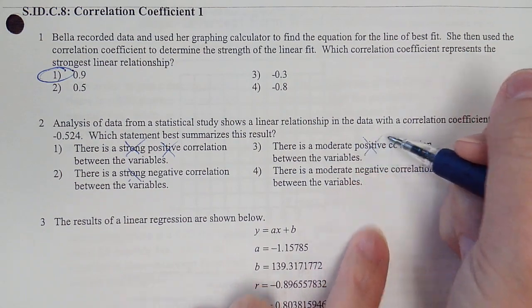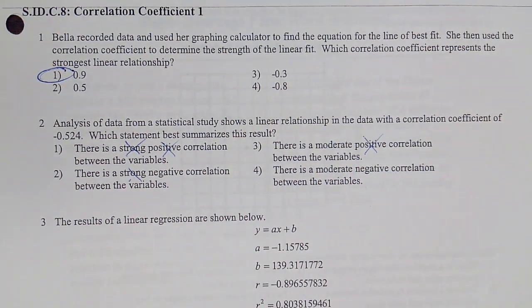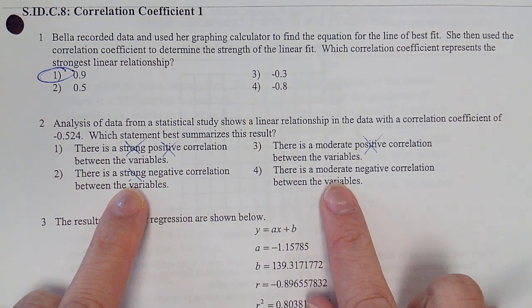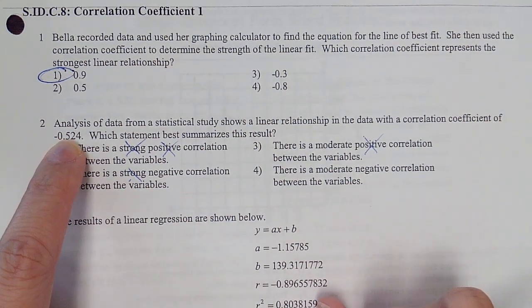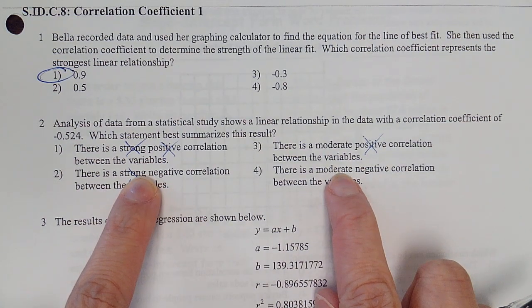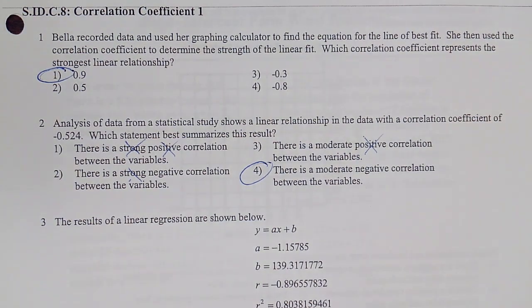By elimination, it's either 2 or 4. For negative 0.524, do you think that's strong or moderate? Moderate. That's right.